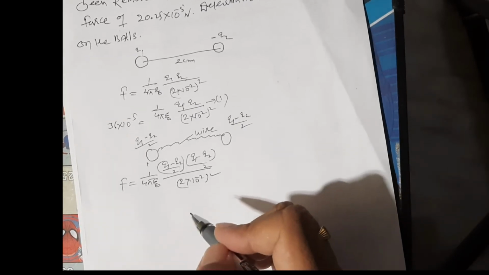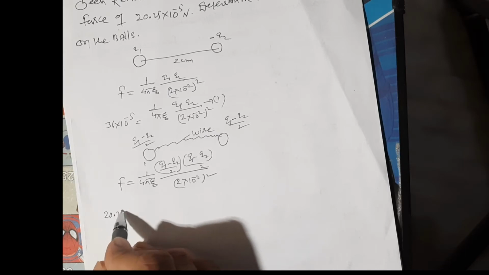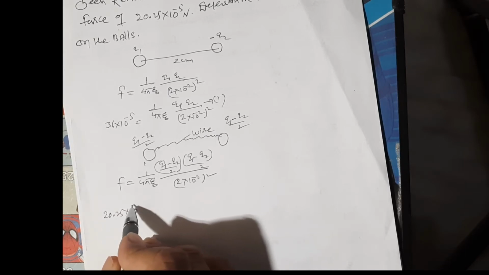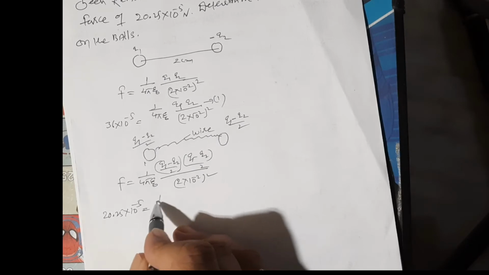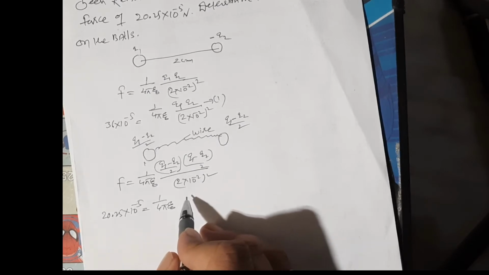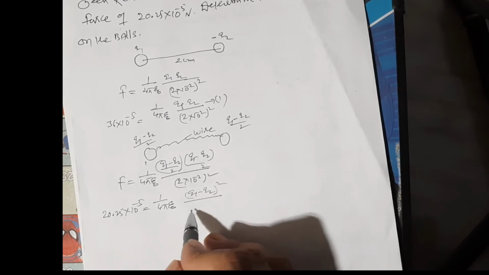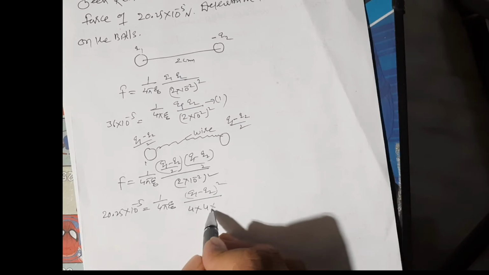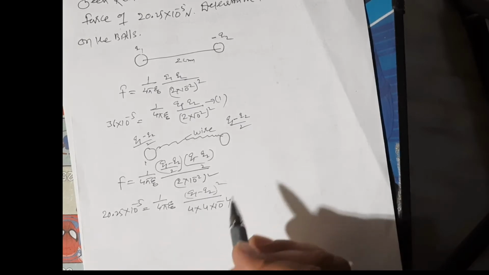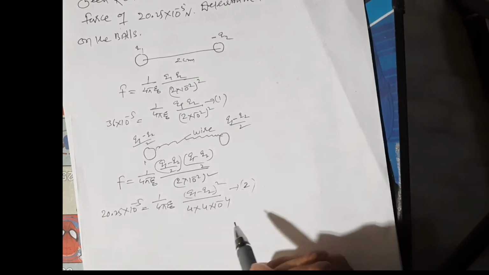Here, repulsion force 20.25 into 10 power minus 5 is equal to 1 by 4 pi epsilon naught. What we get here? Q1 minus Q2 whole square divided by 4 into 10 to the power of minus 4. So this is equation, let us assume as 2.